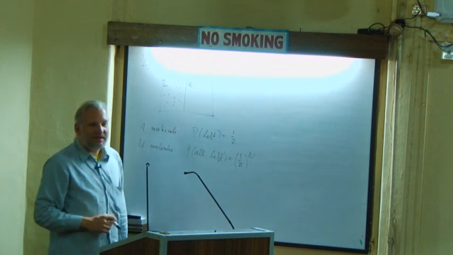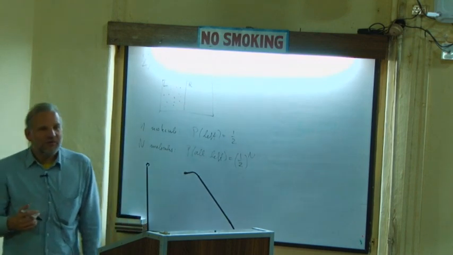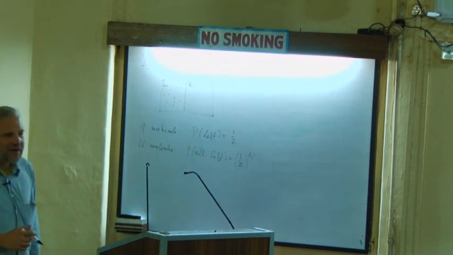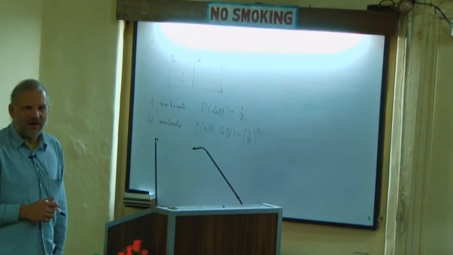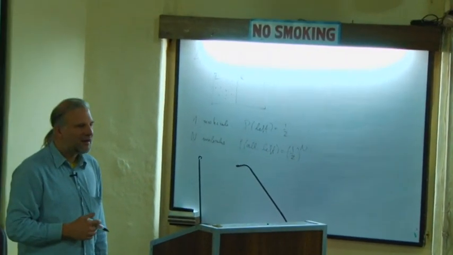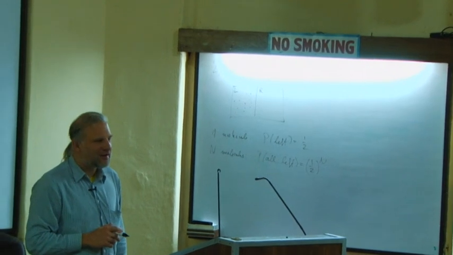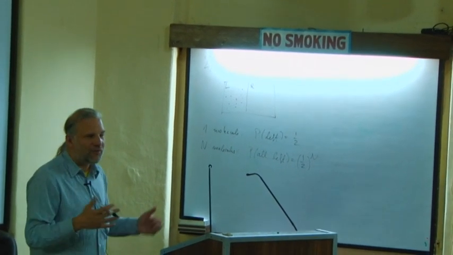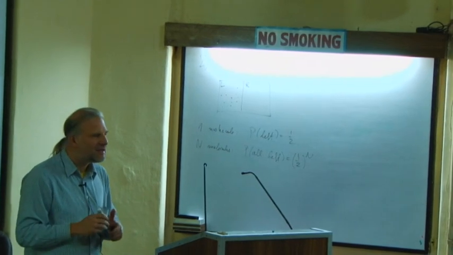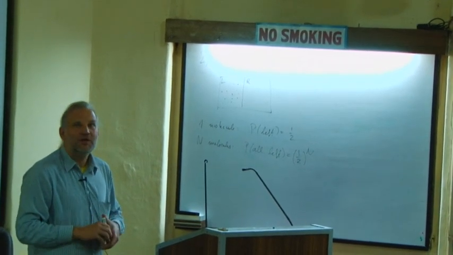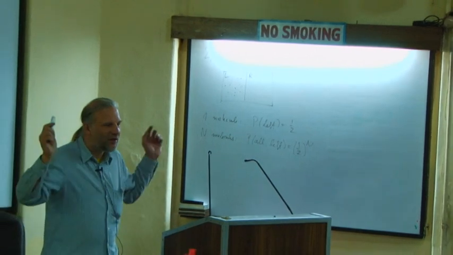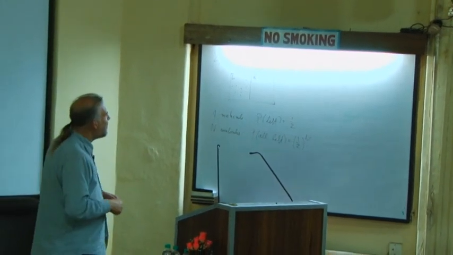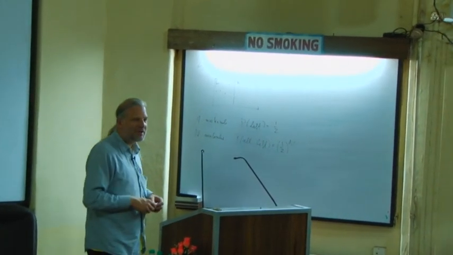Now, what makes this useful is that for the real physical world, n is enormously large. You know that the Avogadro number is 10 to the 23, and that 1 mole occupies 20 liters in normal conditions. So we have in this room something like 1,000 or 10,000 moles. So we have 10 to the 26 molecules.